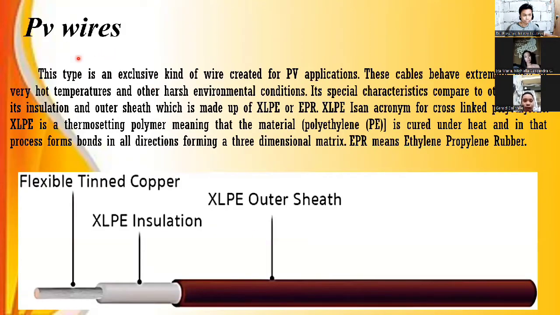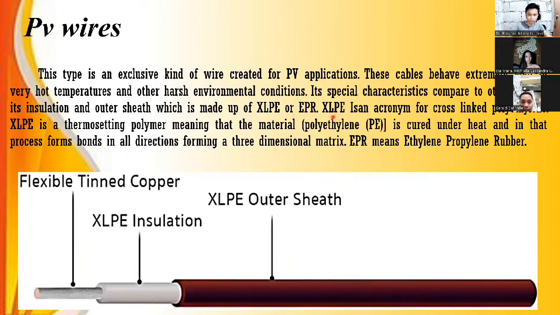So PV wires. This type is an exclusive kind of wire created for PV applications. This cable behaves extremely well in very hot temperature and other harsh environmental conditions. Its special characteristic compared to other wires is its insulation and outer sheath, which is made up of XLPE or EPR.